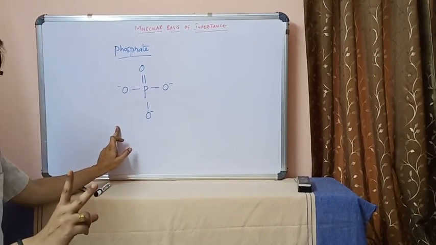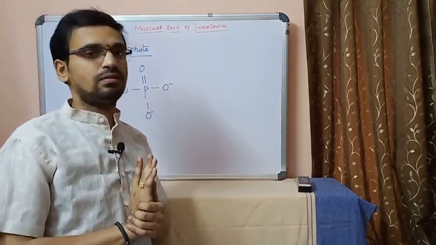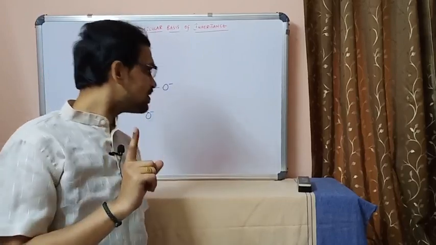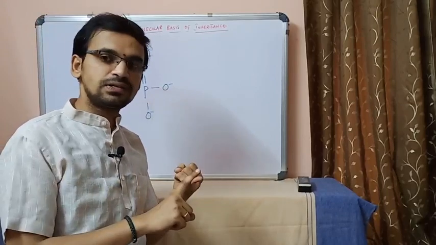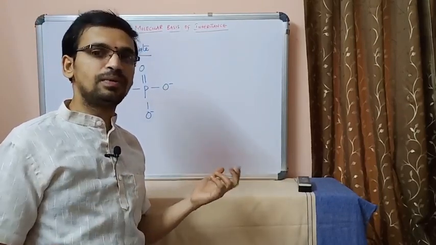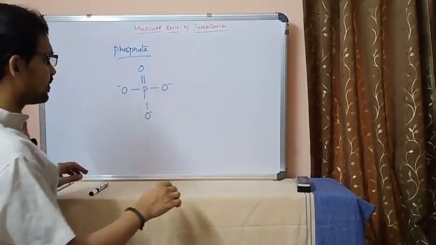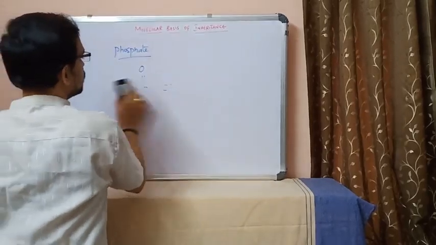So 2 organic components, 1 inorganic component is present in nucleotide. 2 organic components are nitrogen bases, sugars. Inorganic component is phosphate. Now coming to the structure of nucleotide.